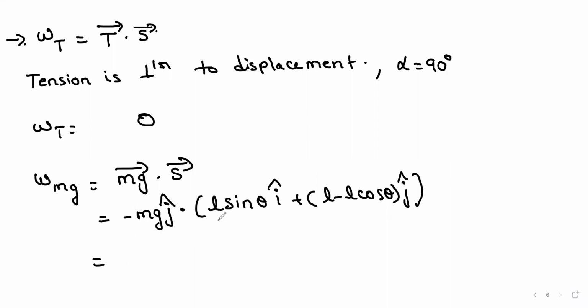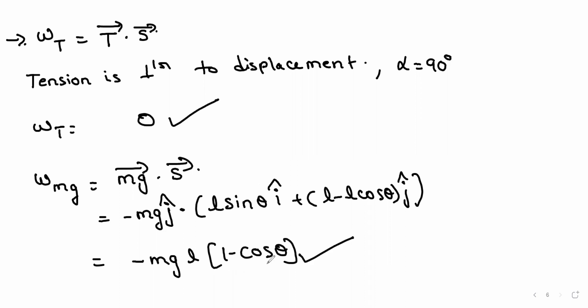So how much do we get from this? Can anyone see the answer here? Minus mgL into 1 minus cos theta.